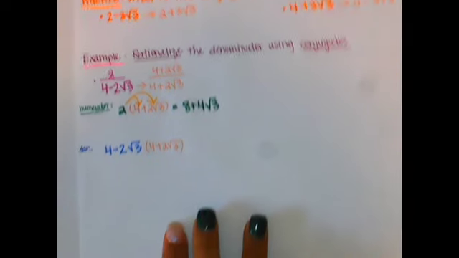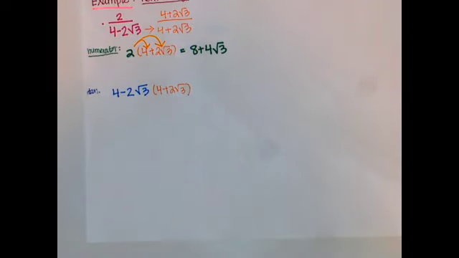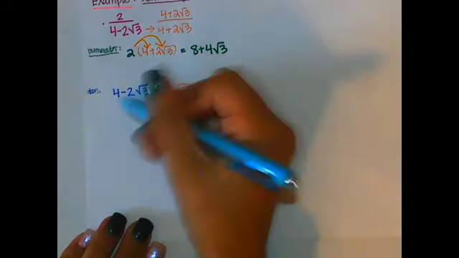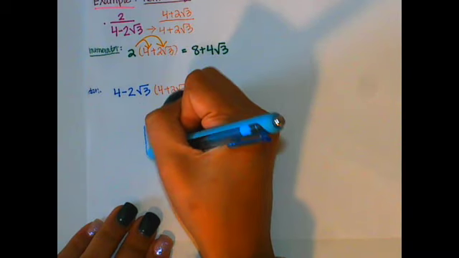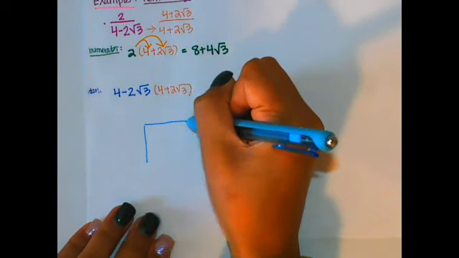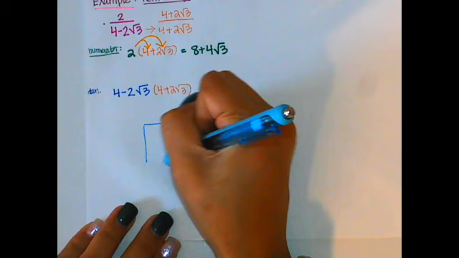For this bottom one, it looks a little bit trickier. These are two binomials. We have multiplied binomials by each other before in chapter 3. It just looks a little bit different because in this one we don't have variables. Instead, we have radicals. But we can use the same rules that we've done. We did distribution and we did area model. I'm going to go ahead and use the area model because it's what we practiced more in chapter 3.